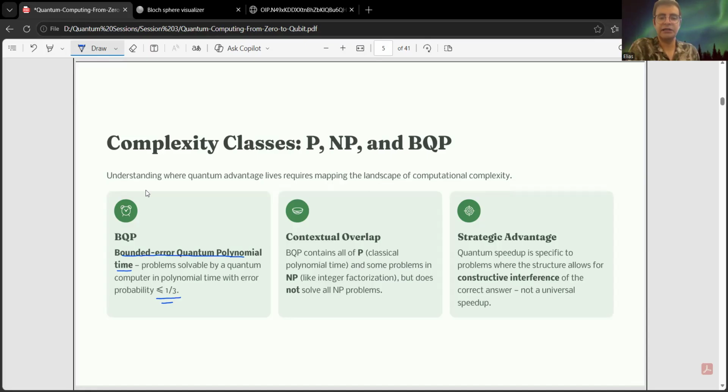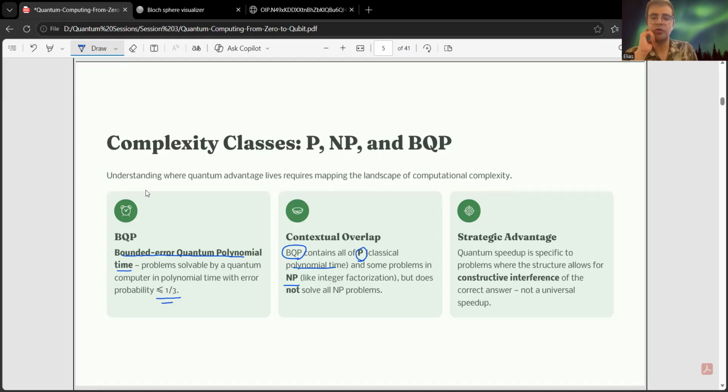And actually BQP contains all the P problems. So P is inside BQP, which covers all the classical polynomial time problems, and some problems in NP also, which means that integer factorization can be within BQP, but not all of them. Just have this in mind.